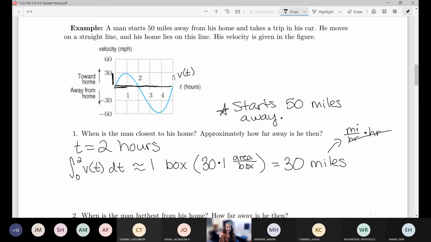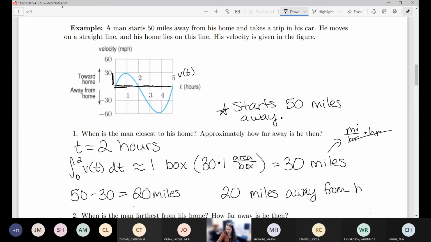So our answer is still not 30. We want to know how far away he is from his house. If he starts 50 miles away and then travels 30 miles towards his house, he's 50 minus 30, 20 miles away from his house.